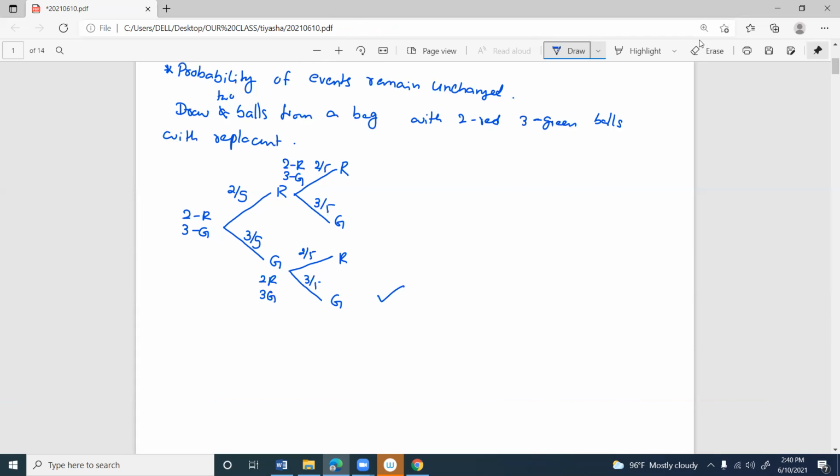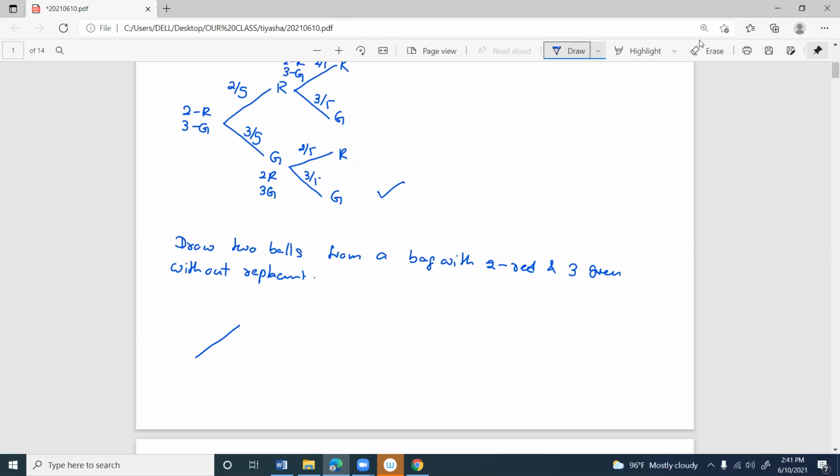Okay. The second case is draw 2 balls from a bag with 2 red and 3 green, without replacement. The initial condition is just like this.